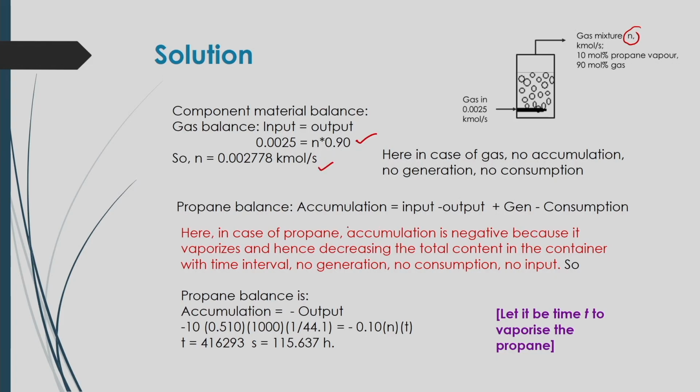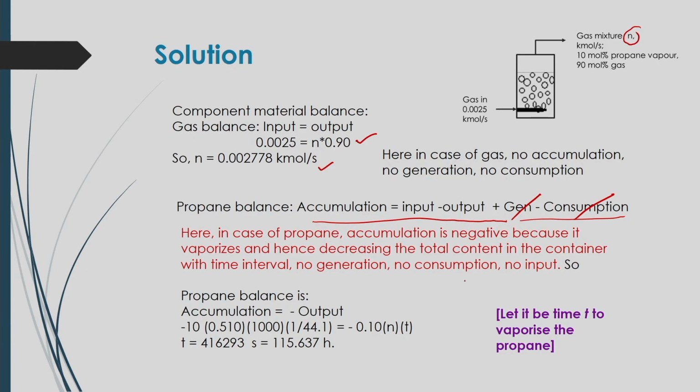Now, propane balance, if you do that, accumulation will be equal to input minus output plus generation minus consumption. Since there is no reaction, we can omit the generation and consumption terms, but here accumulation will be there, because the output rate will not be equal to the input rate. In case of propane, accumulation is negative here because it vaporizes and hence decreases the total content in the container with time.